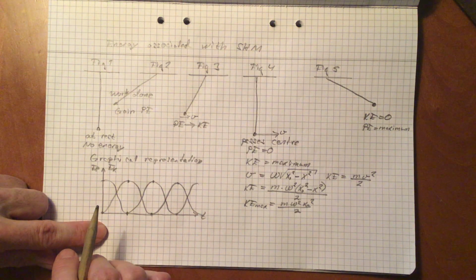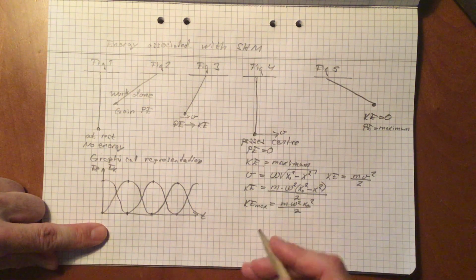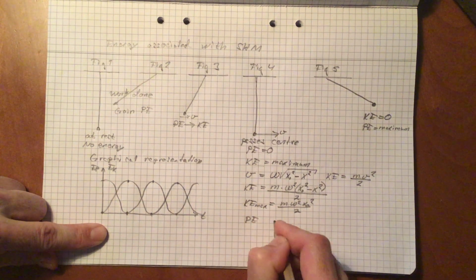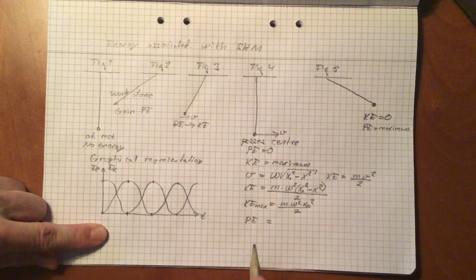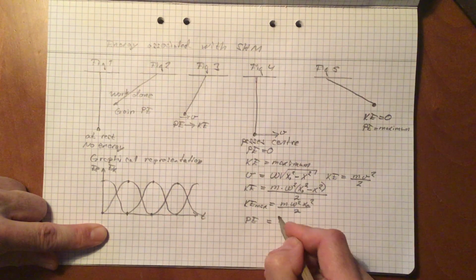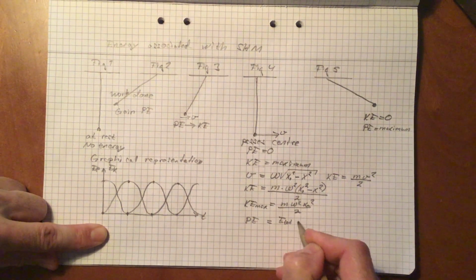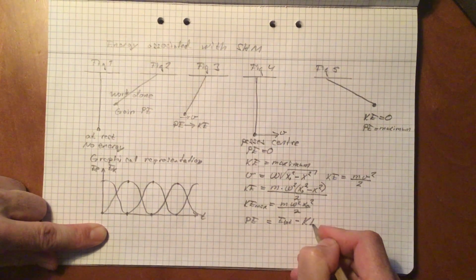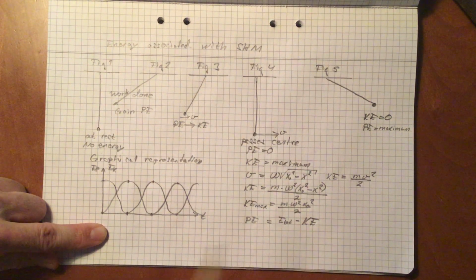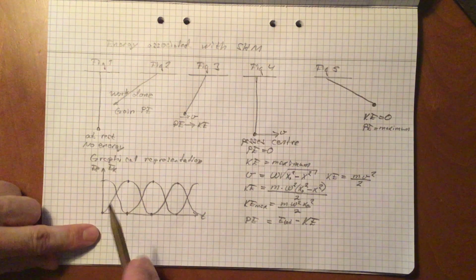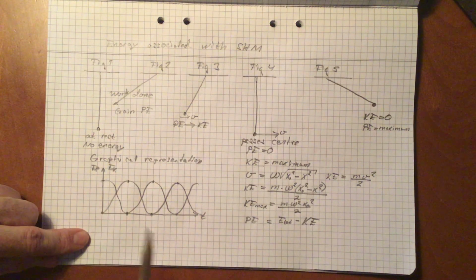Now, let's look at the potential energy. Well, the potential energy is the total energy minus the kinetic energy. But what is the total energy? Well, let me show you that here. It's very beautiful when you see it here.